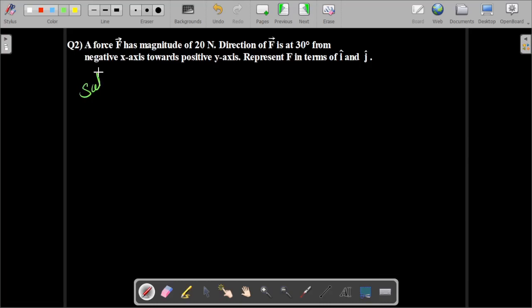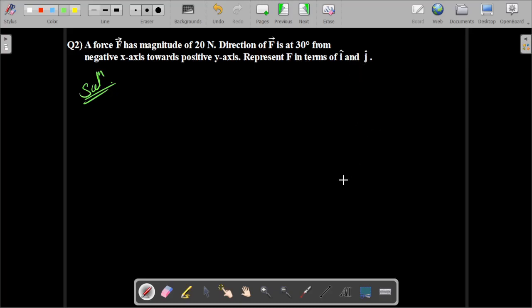Another example: a force F has a magnitude of 20 Newton. The direction of F is at 30 degrees from the negative x-axis towards the positive y-axis. Represent F in terms of i and j.